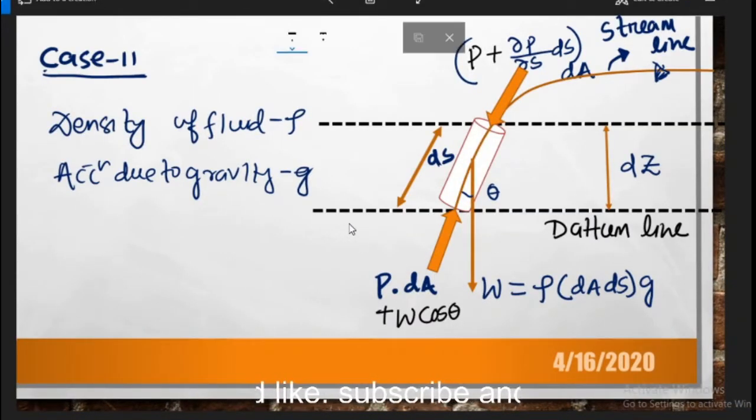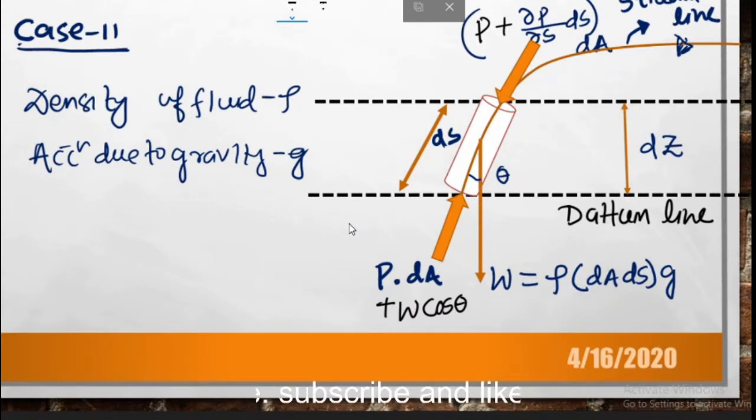This is the streamline, and the cylindrical part we are considering has pressure force P dA on one side and P plus del P by del S into ds into dA on the other.